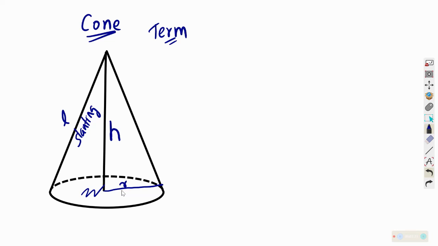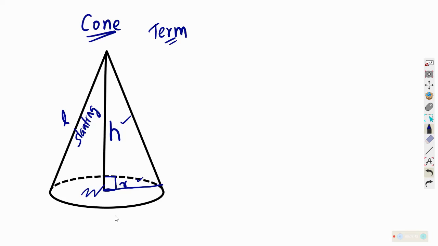But when I did this, something came into my mind. When I marked the height here and the radius here, I could see that the great mathematician Pythagoras talked about the right angled triangle. It appears over here.